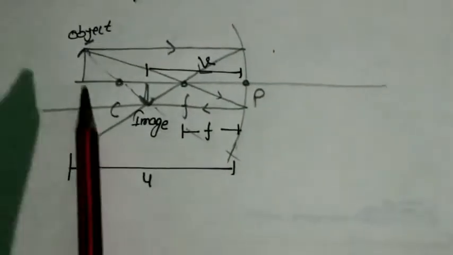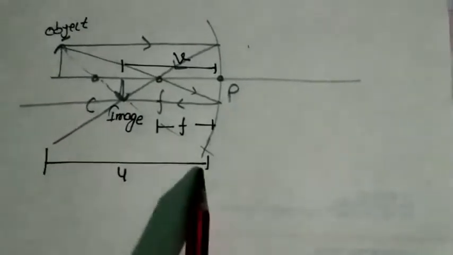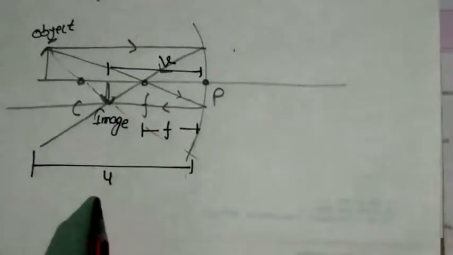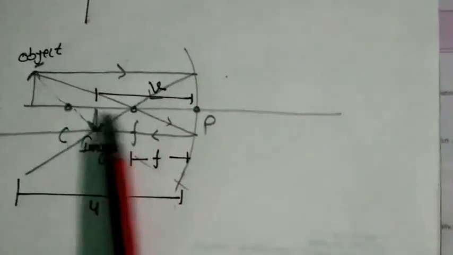As we talked here, the distance of the object from the pole is called u, the object distance. V is the image distance, the distance of the image from the pole, and the distance of the focus from the pole is the focal length. This is the formula: 1 upon f is equal to 1 upon v plus 1 upon u.